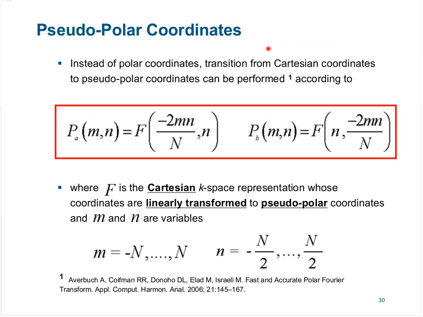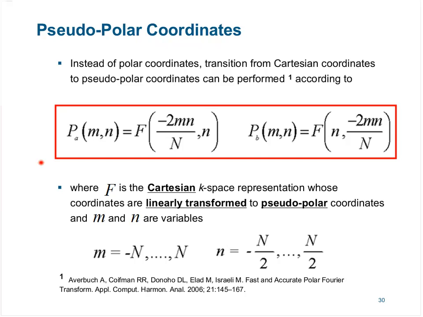So instead of using the polar coordinates, the transition from Cartesian coordinates to pseudo-polar coordinates can be performed directly according to these formulas. And there's a reference which I have cited here, if you want to look at the derivation of these calculations, you can use that paper.